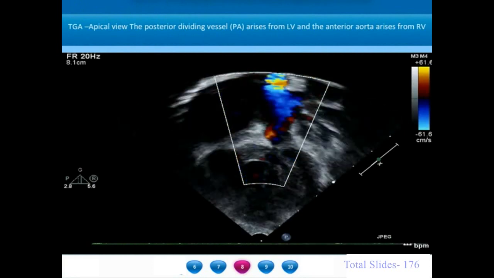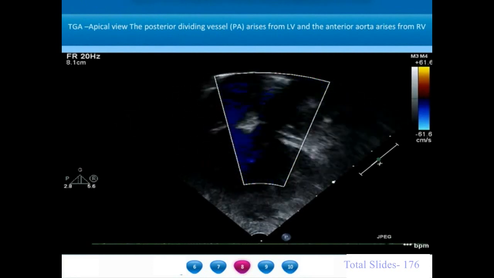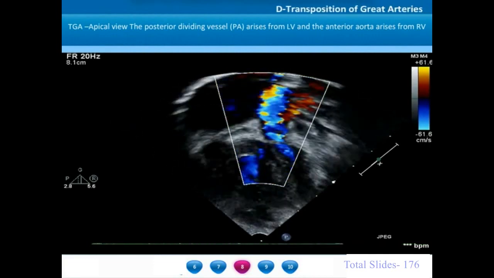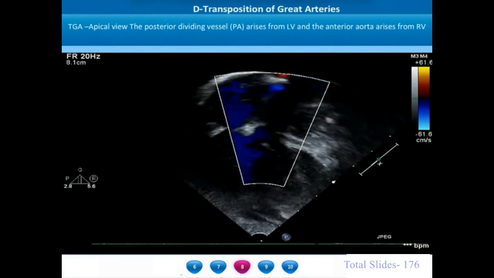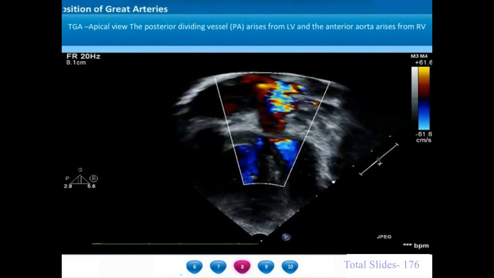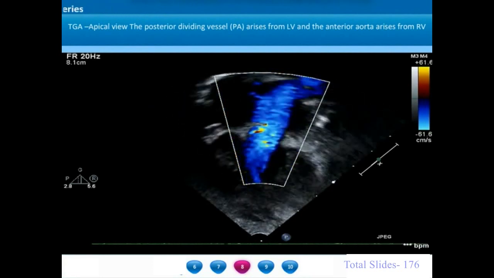On a color Doppler interrogation from the apical view, we can appreciate that the blood vessel that is arising posteriorly from the left ventricle is bifurcating, and the blood vessel that is arising from the right ventricle anteriorly is not bifurcating.